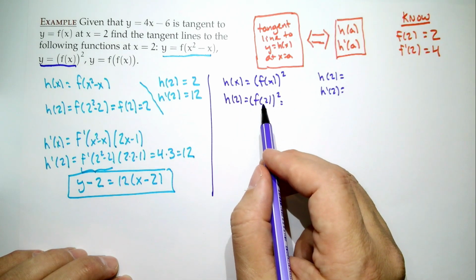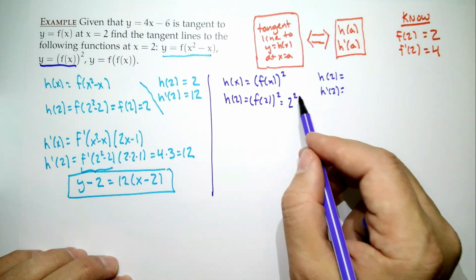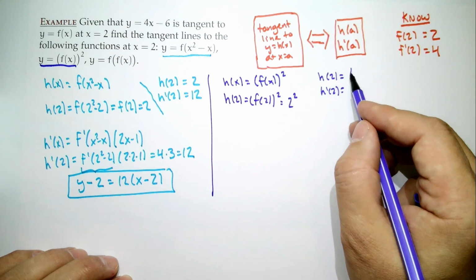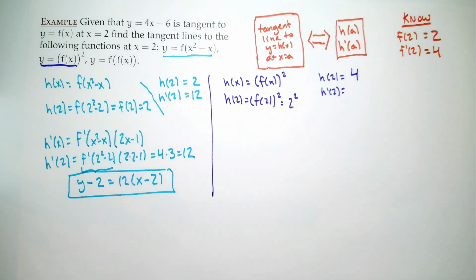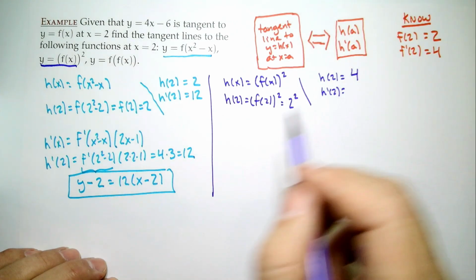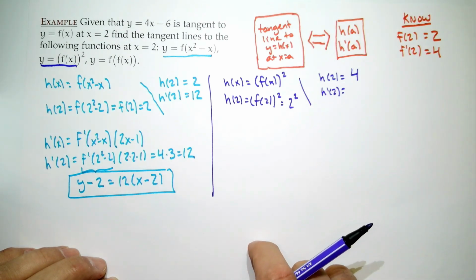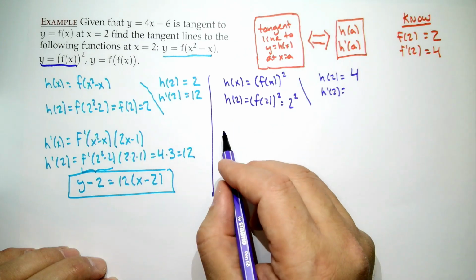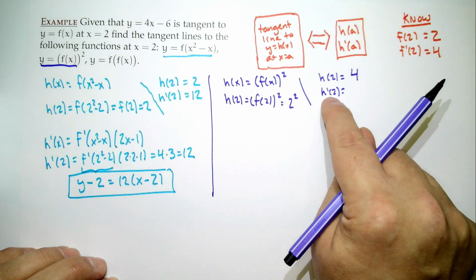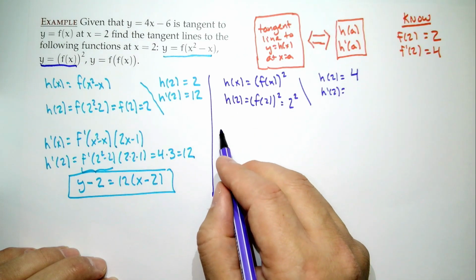Well, f of 2 is 2, so 2 squared or 4. So h of 2 is 4. Good. Progress. Now, next step, find the derivative. Because we need h prime, so we better figure out what h prime is.